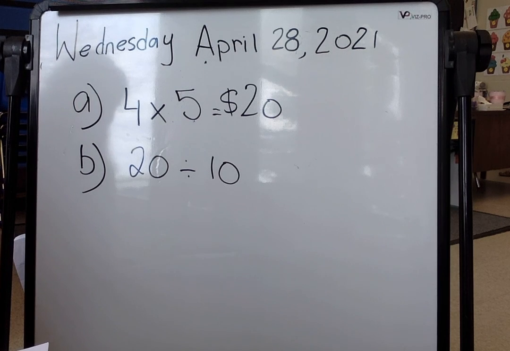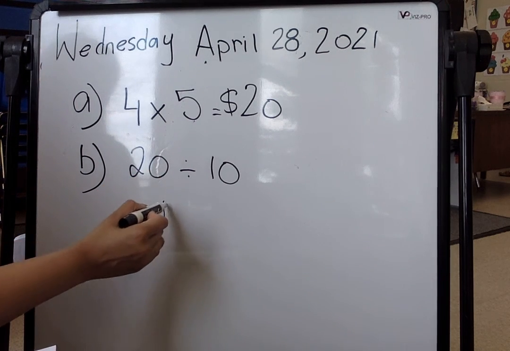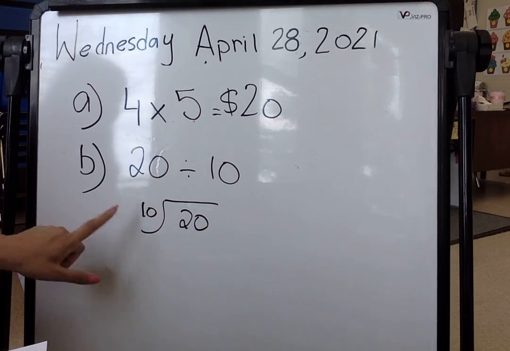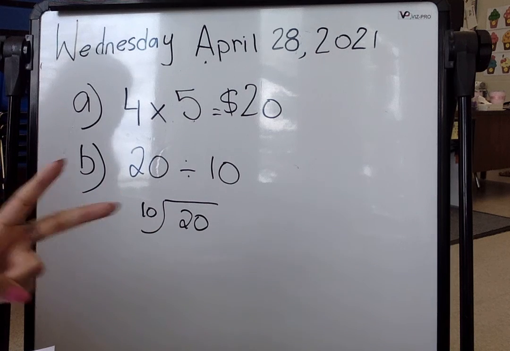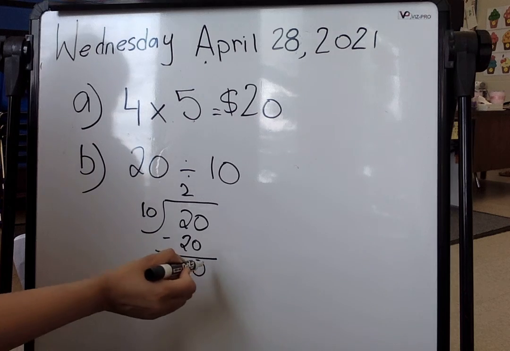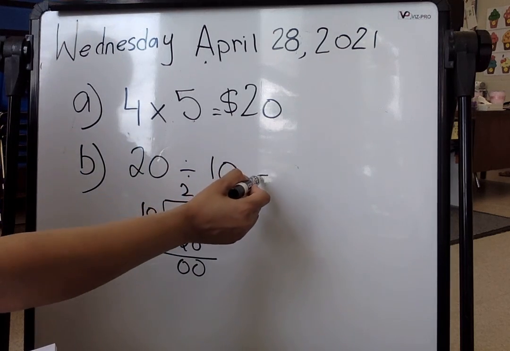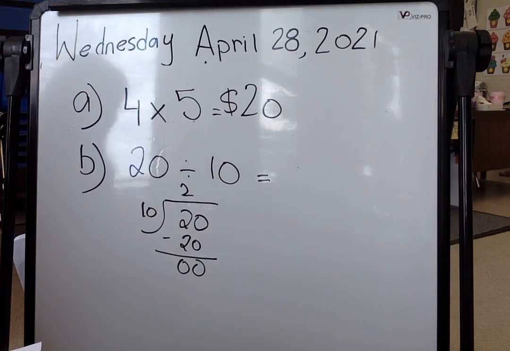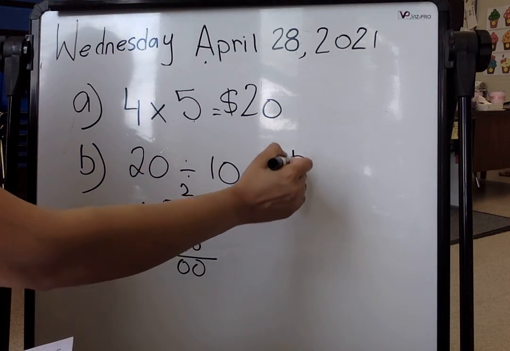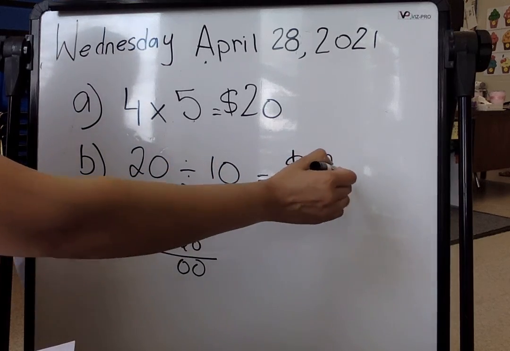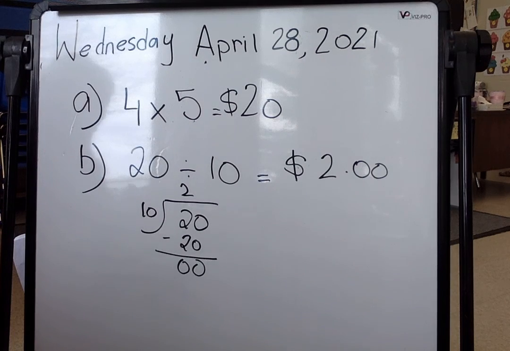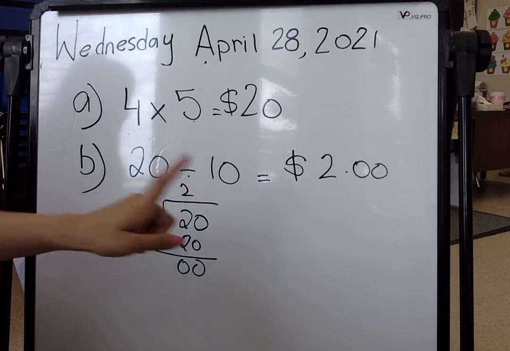So let's go ahead and do 20 divided by 10, and what do we get? How many tens give us 20? 2 tens, right? So 2 tens give us 20. We subtract, we are left with nothing, which means one bow was made for $2. Okay, so one bow cost her $2.